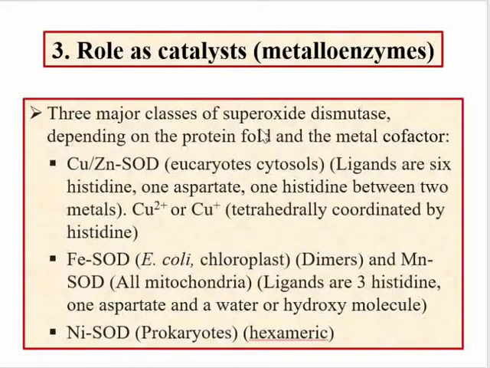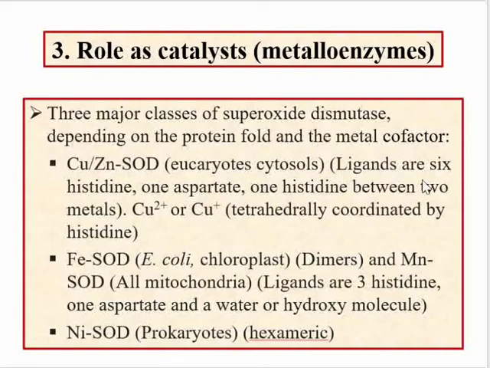There are three major classes of superoxide dismutase, depending on the protein fold and on the metal ion present. One is copper zinc SOD, which is present in the eukaryotic cytosol.